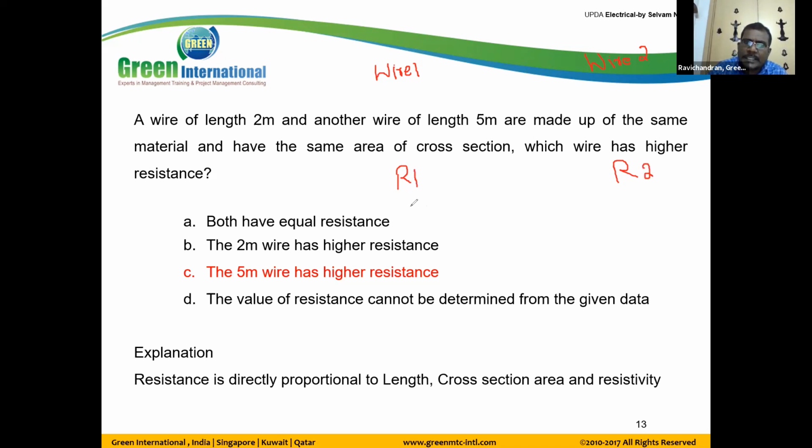What is the formula for the resistance? R is equal to rho L by A. For understanding purposes, I mention rho 1, L1, A1, rho 2, L2, A2.